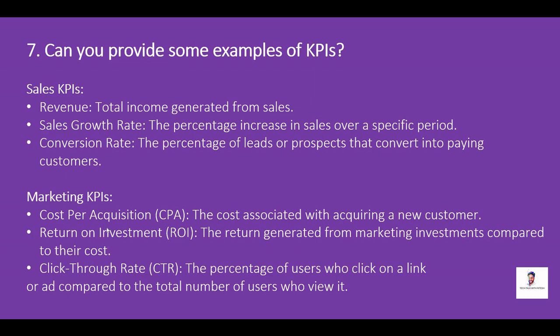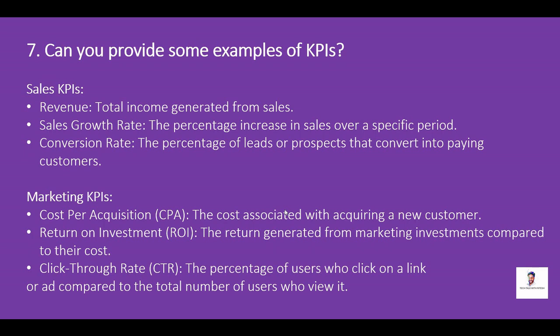Likewise, we can have marketing KPIs. Cost per acquisition, which we call CPA, is the cost associated with acquiring a new customer. Or ROI, a term used very frequently, return on investment: the return generated from marketing investments compared to their cost. CTR, click-through rate: the percentage of users who click on a link or ad compared to the total number of users who view it.